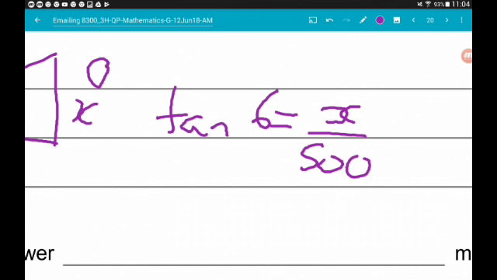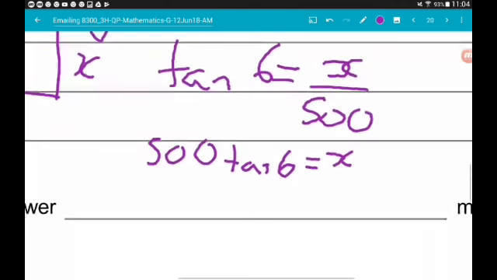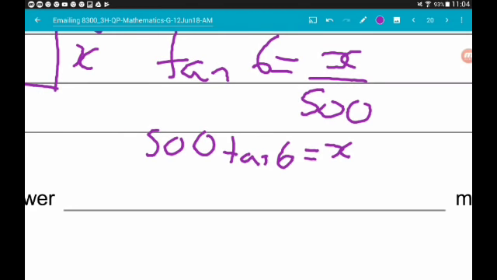So we get 500 tan 6 is equal to x, which gives us, to one decimal place, 52.6 meters. Cool.